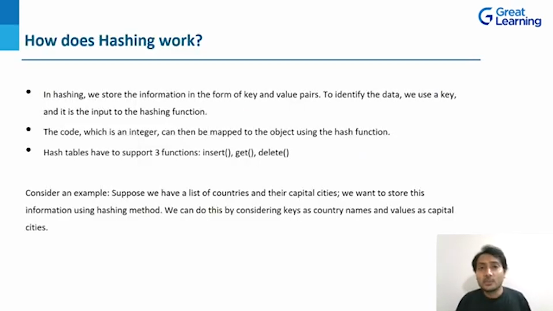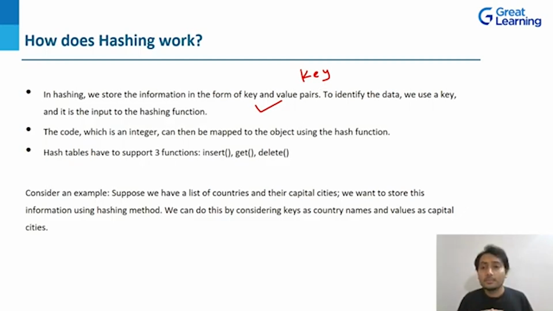So hashing, as we know, is a unique code, right? Now what we do is we try to store the information in the form of key and value pairs so that we can easily identify the data with the help of this key. So it's always a key and value pair.